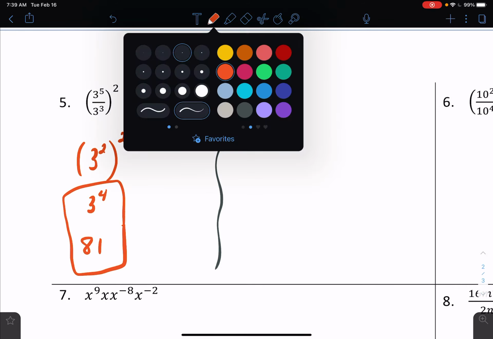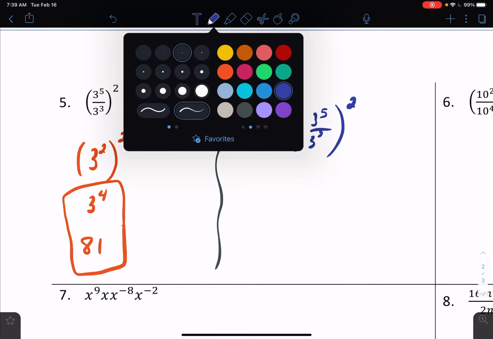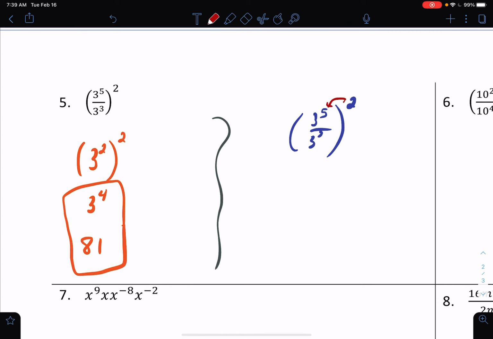The second way is what if we kept everything inside the parentheses, 3 to the 5th divided by 3 to the 3rd. We keep that the same. We got this exponent of 2, and I take this exponent and I distribute it. Well, if I do that, the numerator is going to become 3 to the 10th, 5 times 2.